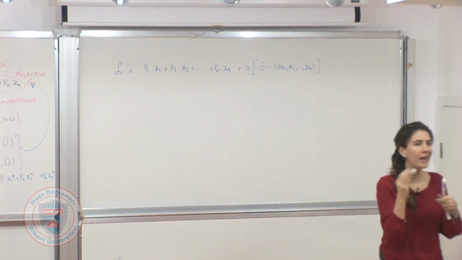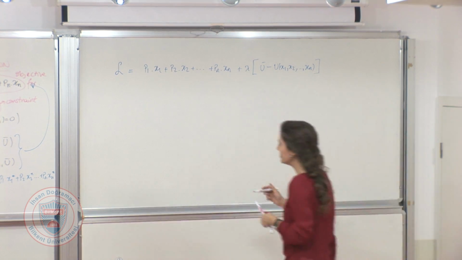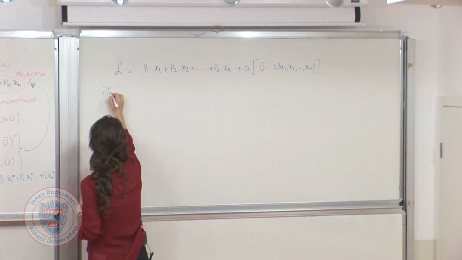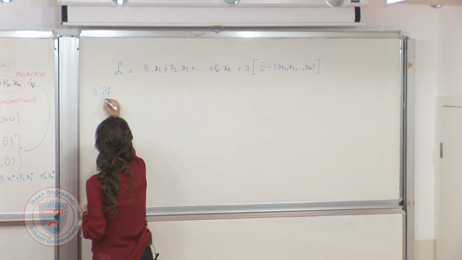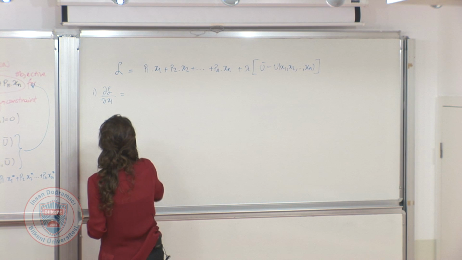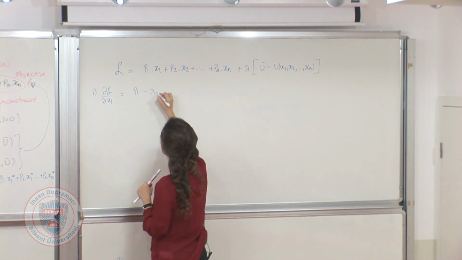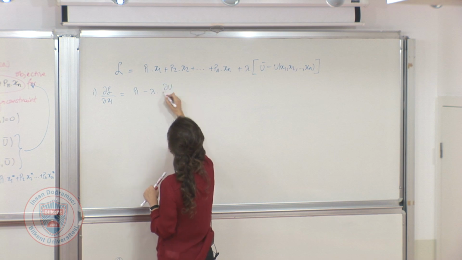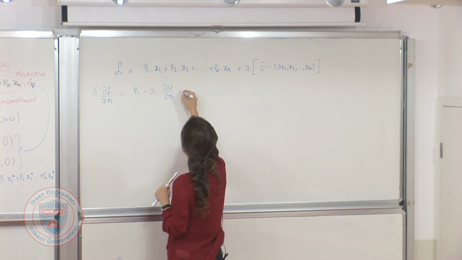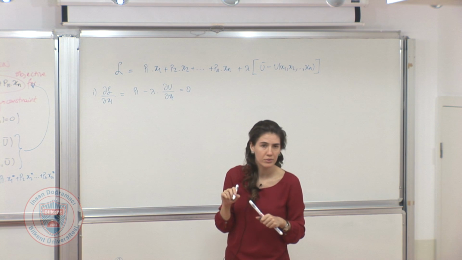So you see, again, it's the same problem. I start taking derivatives with respect to these variables. This time, when I take the derivative, it's going to be p1 minus lambda del u over del x1, which is equal to 0, right?